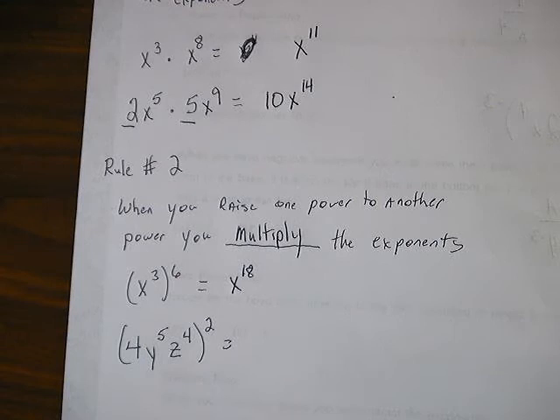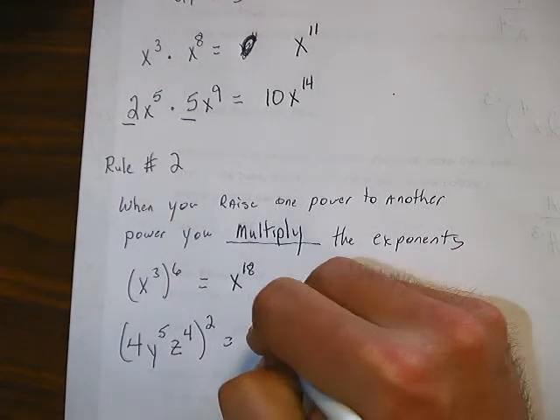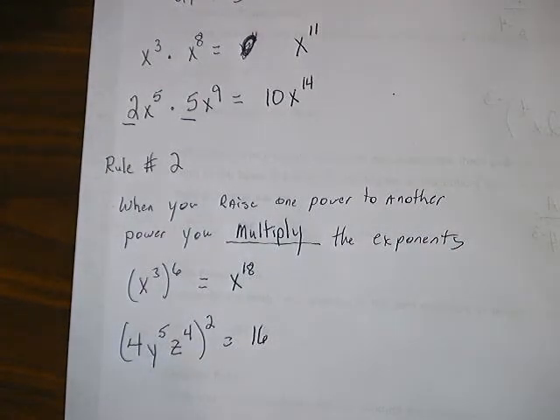I also wanted to show you an example that had a coefficient. Once again, do the coefficients first. So the first thing we're going to do here, we have 4y to the 5th, z to the 4th, all raised to the 2nd power. The first thing we want to do is raise 4 to the 2nd power. 4 squared, or 4 times 4, is 16.